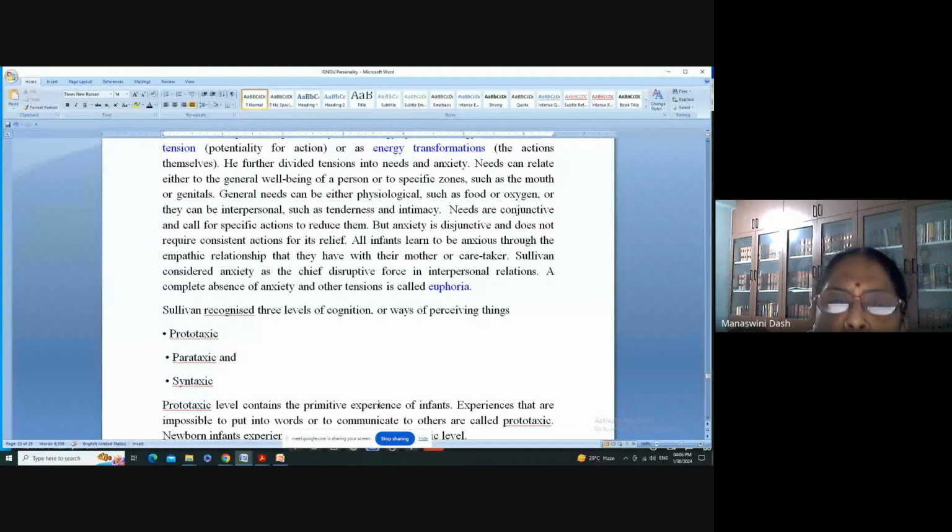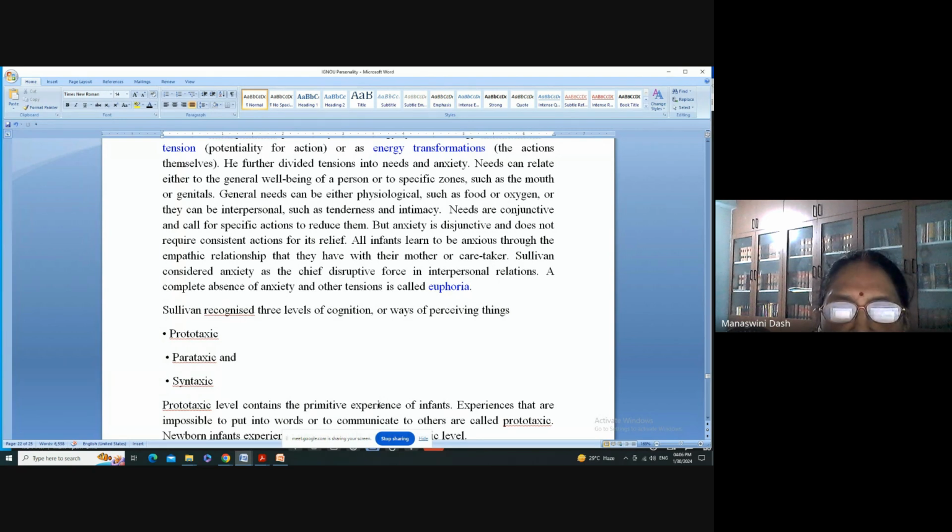In addition to giving an interpersonal view of personality, Sullivan also has a cognitive approach towards personality.